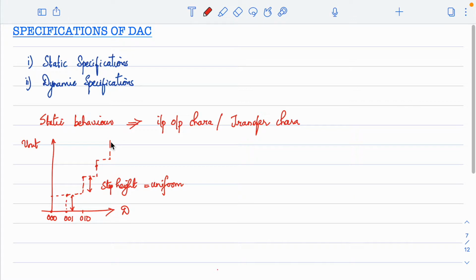But this can be treated as an ideal curve of a DAC, and there can be deviations from this ideal curve, because of n number of reasons.